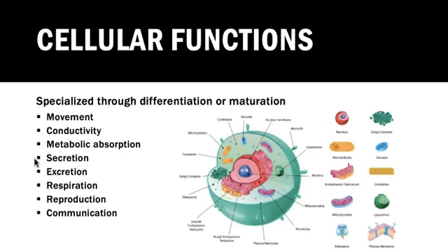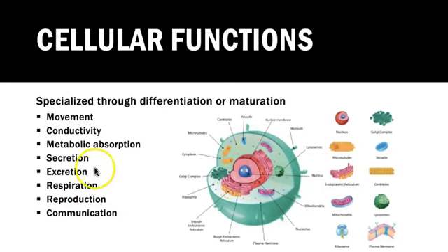Then they secrete that new substance so that it can serve as needed elsewhere in the body. I mentioned the mucus cells within our intestines. They're secreting mucus into the lumen to help the food compact and move through the intestines without friction.